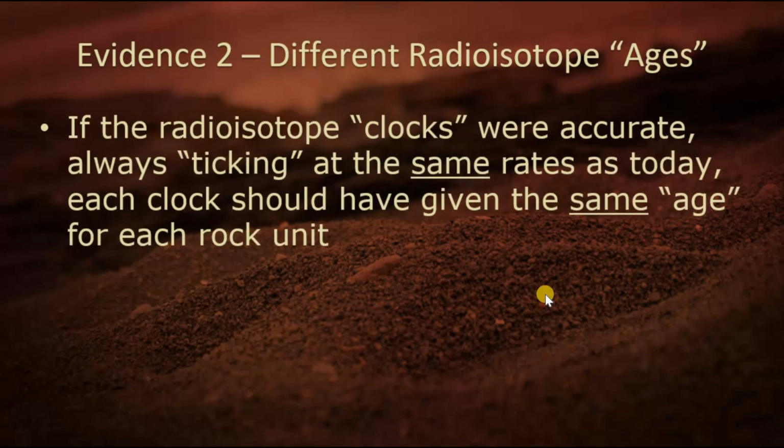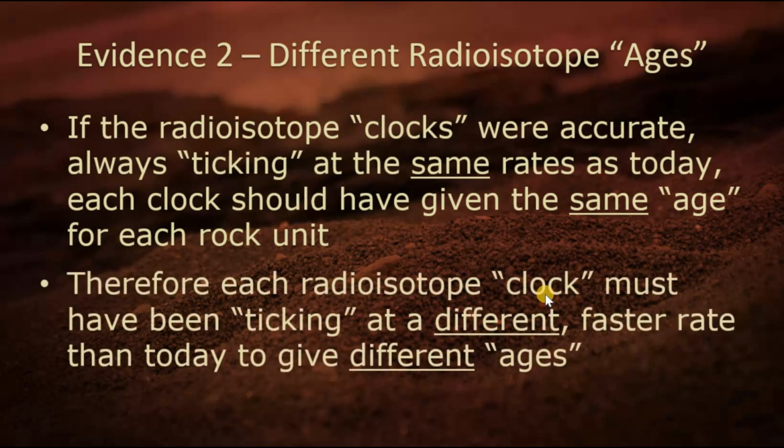So, if the radioisotope clocks were accurate, and they're always ticking at the same rate as today, each clock should have given the same age for each rock unit. Therefore, each radioisotope clock must have been ticking at different, faster rates than today to give different ages.